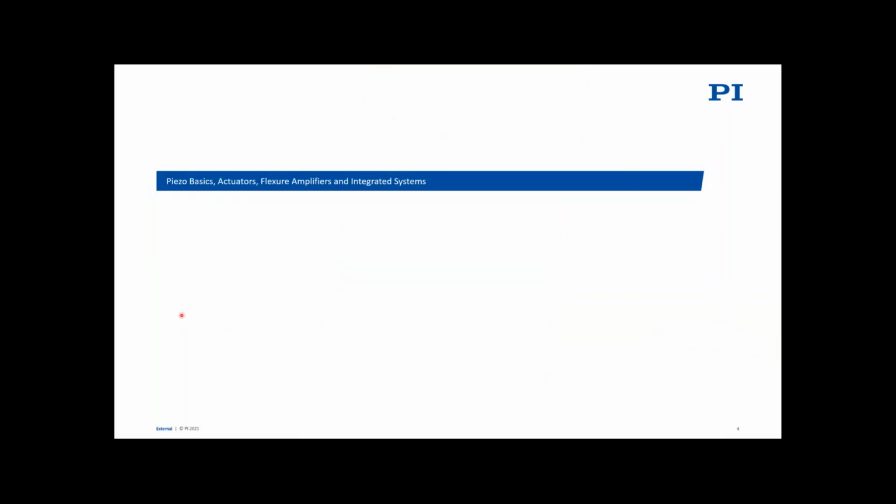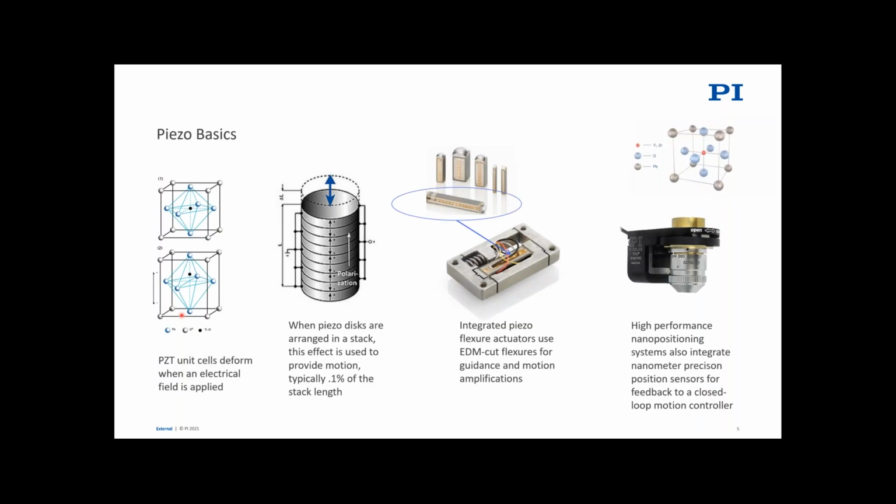So starting out with piezo basics. PI is best known for piezo technology, and that's been critical in nanotechnology. Piezo materials, as Mike mentioned, have the special property that you can apply a voltage and have a strain.